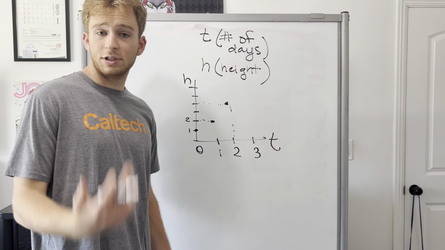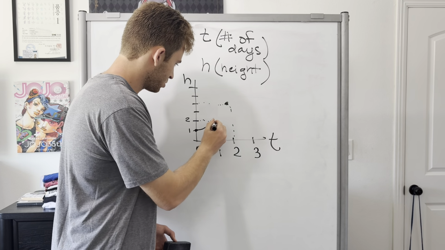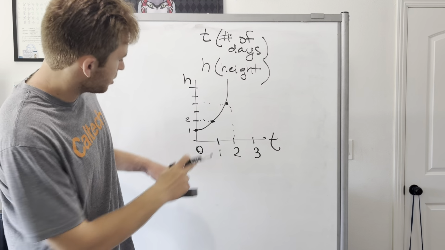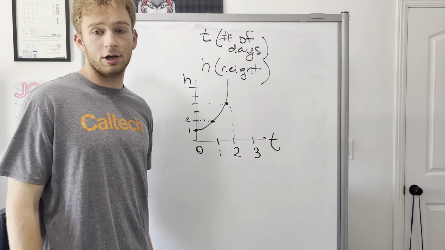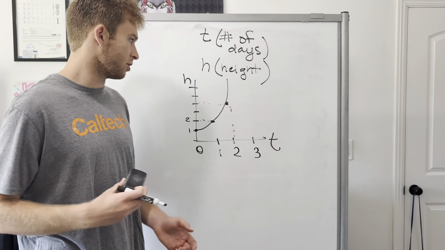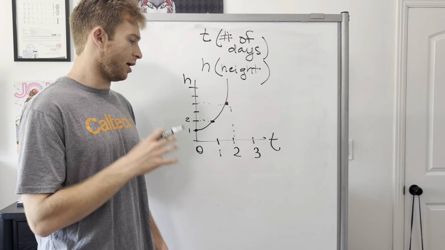And if you continued to plot this, you would get a curve that looks sort of like this. And it would just keep increasing and increasing like that. And that's what an exponential function is. It's a curve that has a common ratio that it's multiplied by every increment.